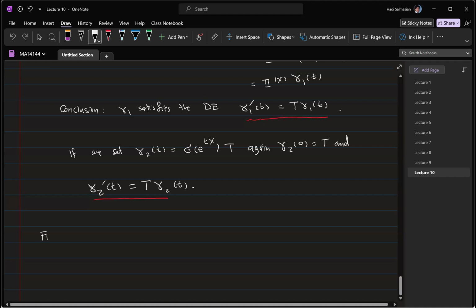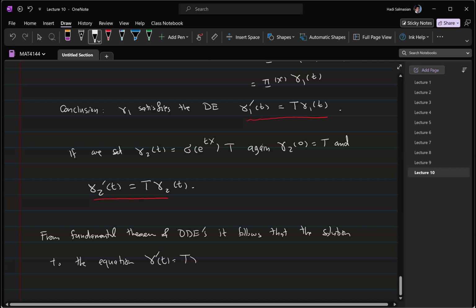So from the fundamental theorem of ODEs, it follows that the solution to the equation gamma prime t equals t gamma t is unique. In particular, gamma 1 t equals gamma 2 t for all t.